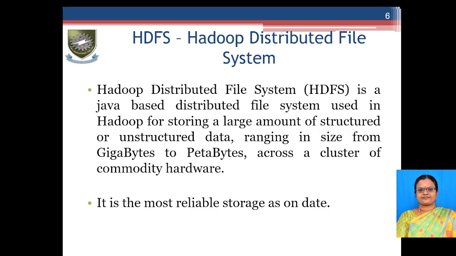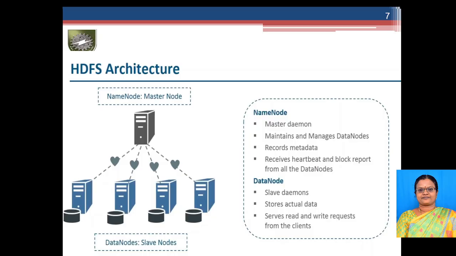It is the most reliable storage as of date. Why do I call it reliable? Whenever a failure happens, it can restore back, because the information is shared among many other devices in a distributed form. So whenever a device goes down, the other devices can help us retrieve the information. That's why we call it a reliable storage.